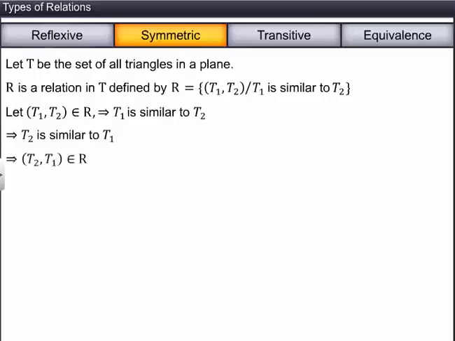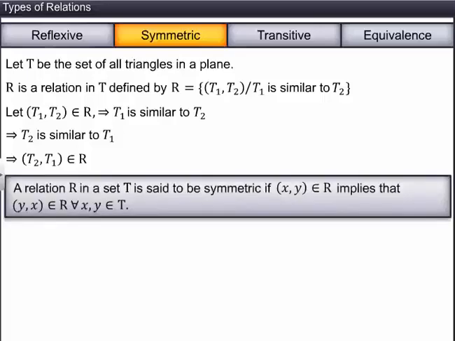This implies the ordered pair (T2, T1) is also in R. Such relations are called symmetric relations. Mathematically, a relation R in a set T is said to be symmetric if ordered pair (x, y) belongs to R, implies that ordered pair (y, x) is also in R for all x and y in T.